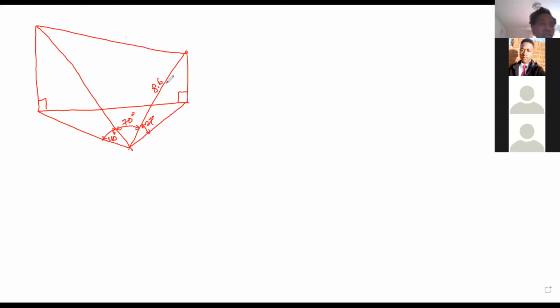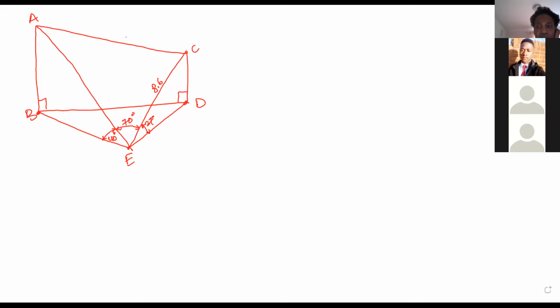So in the diagram, let me put the labels A, B, E, C. In the diagram, B, E, and D are points in the same horizontal plane. A, B, and D are points in the same horizontal plane. This is 3D.